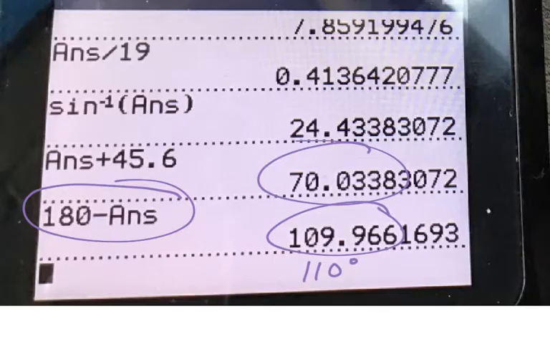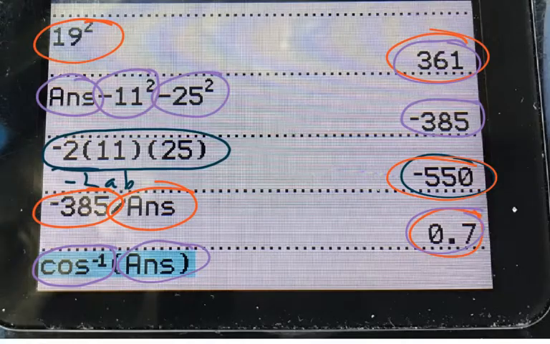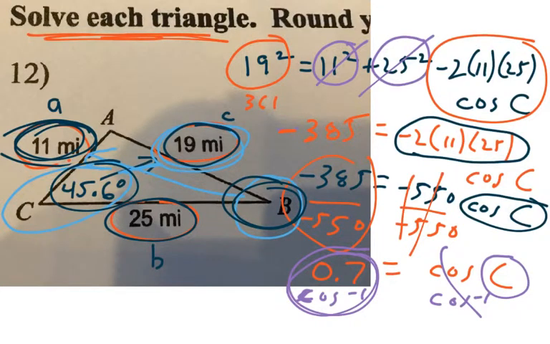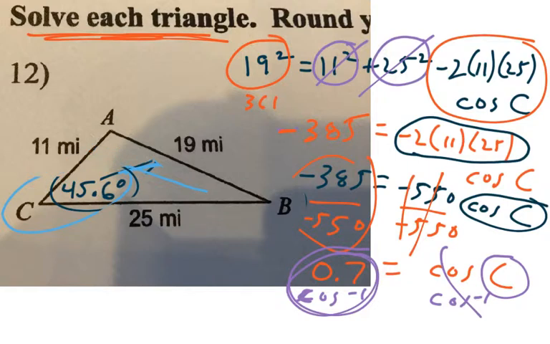So let me explain what I did again. Now that we know that, let me clean this up a little bit. We don't need our capital A's and little b's and little c's anymore. Okay. Let me actually rewrite that. So what we just did, guys, is first we found, using the law of cosines, that was 45.6.